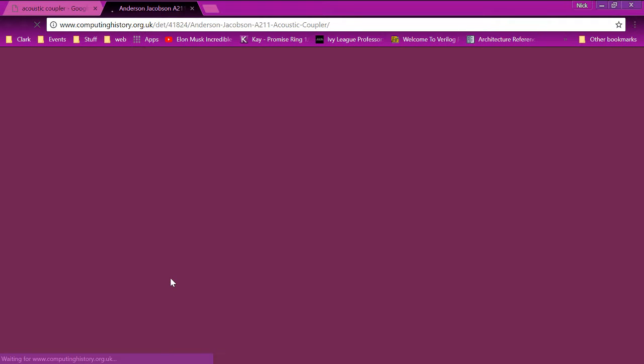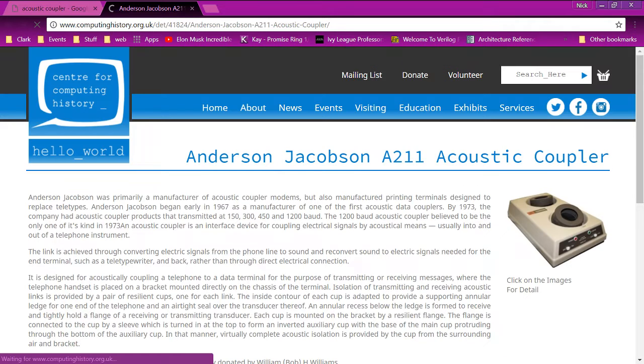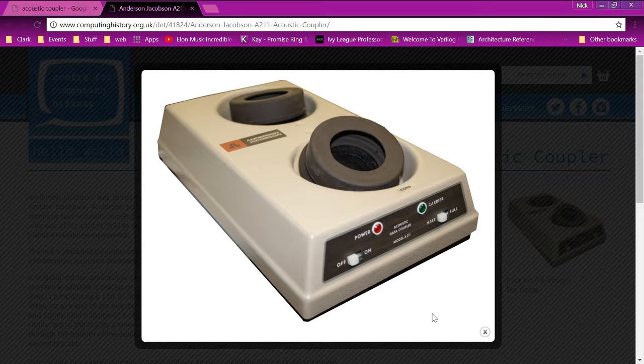He passed away several years ago. But he was named Captain Crunch because he discovered that the whistle that you got for free in certain boxes of Captain Crunch used the right frequency to trigger certain activities on AT&T's phone network. And he used that to do some phone phreaking. So yeah, that's an acoustic coupler.